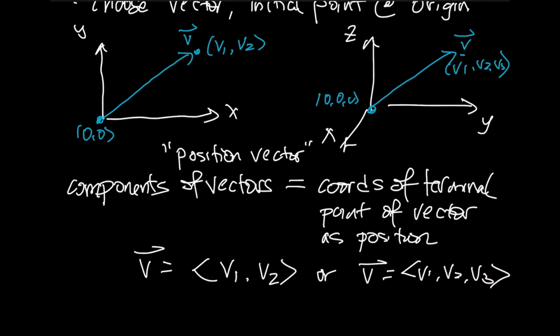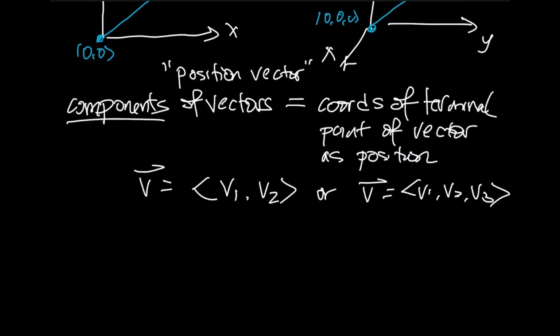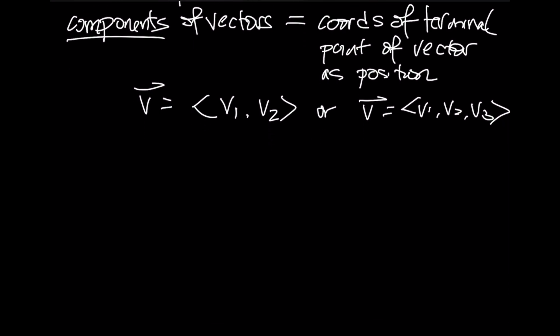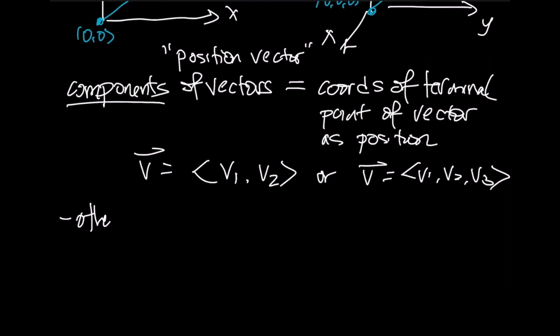And those numbers there are what are called the components of the vector. Now remember, it doesn't matter which of the infinitely many vectors that we choose. So for other locations, we need to determine how to figure out the components.